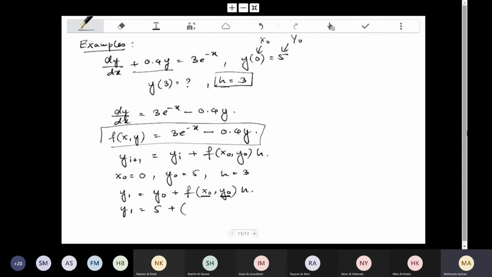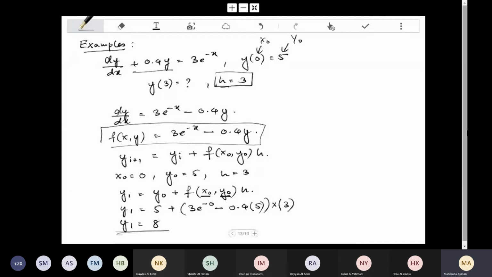So we have 3e to the power minus x0, that's 0, minus 0.4 times y0, which is 5 here, times h, that's 3. So y1 is equal to 8 if you calculate this one here.